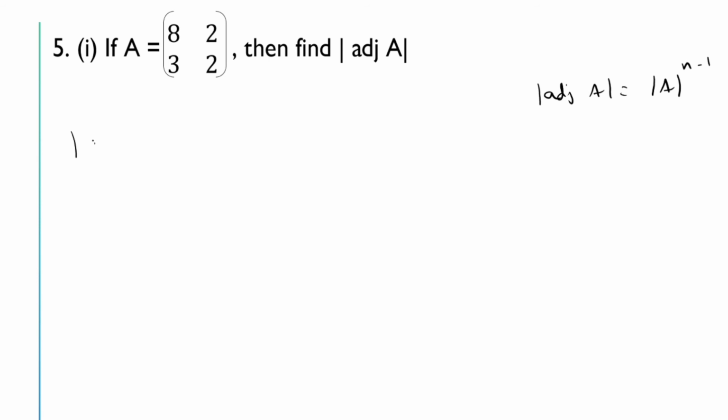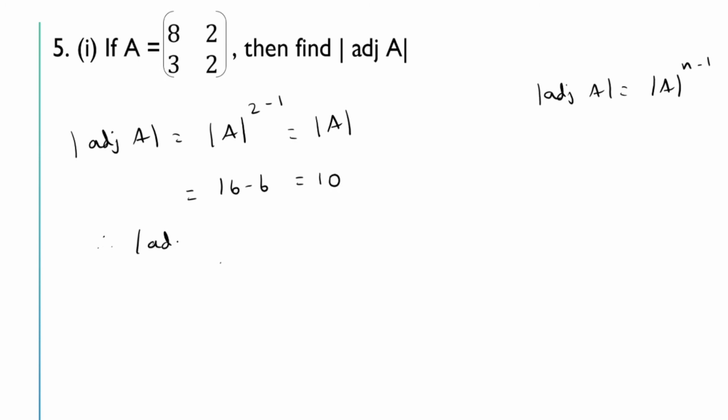So here determinant of adjoint of A will be equal to determinant of A the whole raised to 2 minus 1, since it is a matrix of order 2. So it is equal to determinant of A. Determinant of A is equal to 16 minus 6, which is 10. Therefore, determinant of adjoint of A equals 10.